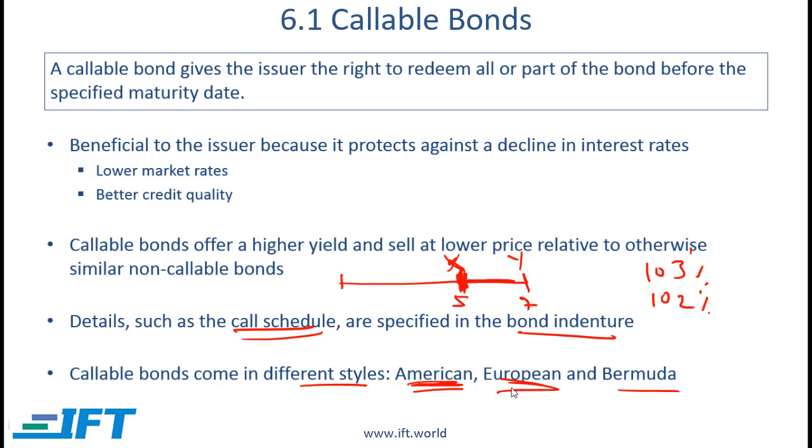With European style embedded options, the issuer can only call the bond back at particular dates. Bermuda style bonds are in between, which allow the issuer to call the bond back at specific dates, and those dates tend to be the coupon payment dates.